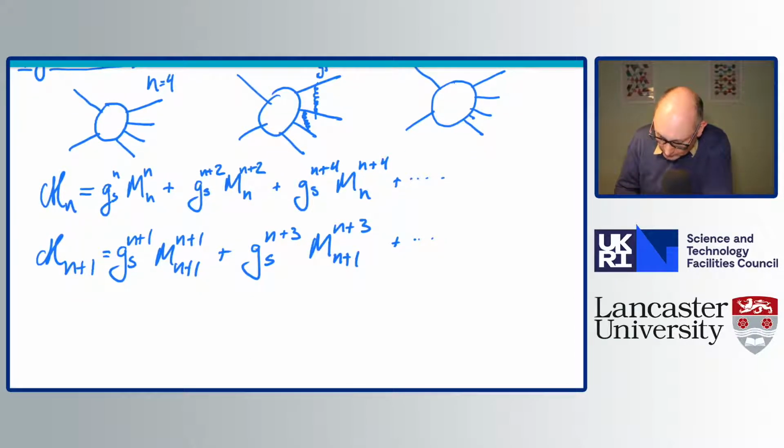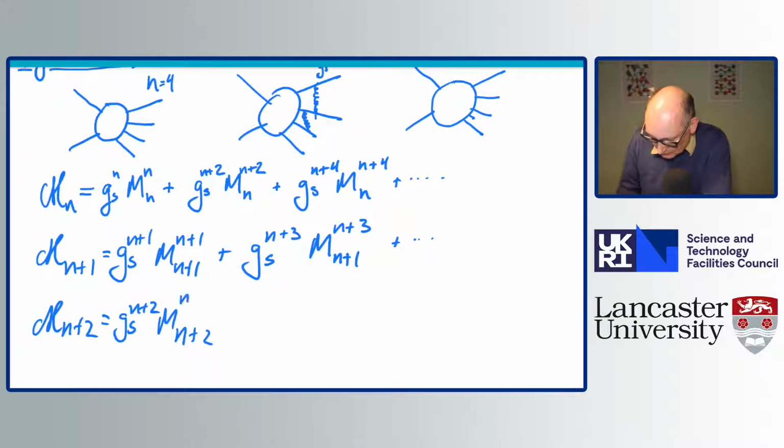And of course, the amplitude for n+2 external legs would start g_s^(n+2) M_(n+2), n+2 being the power of the coupling, and the radiative higher order loop corrections would be g_s^(n+4) M_(n+2) legs, n+4 in the coupling.